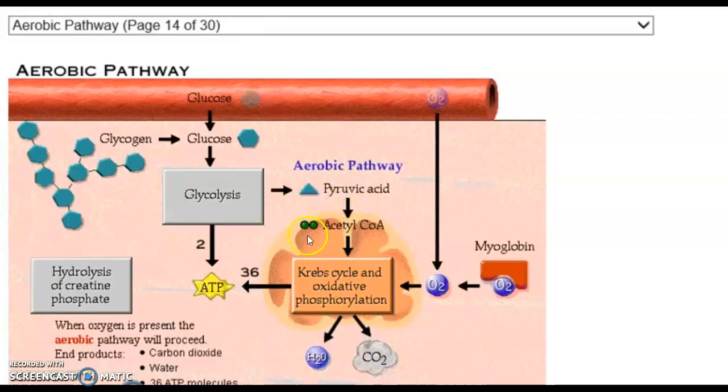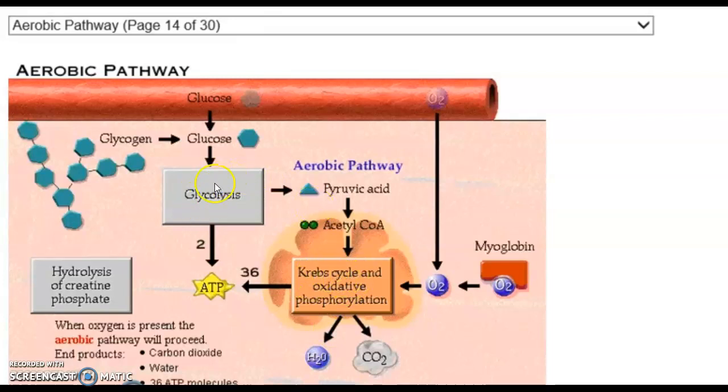Well, we lose the other 2 carbons as carbon dioxide during the Krebs cycle, and we also convert the oxygen into water in the 3rd step in oxidative phosphorylation, as the oxygen picks up the electrons from the electron transport chain and then attracts those protons that run back into the matrix. Then it gets converted into water. But more importantly, why are we doing all this?